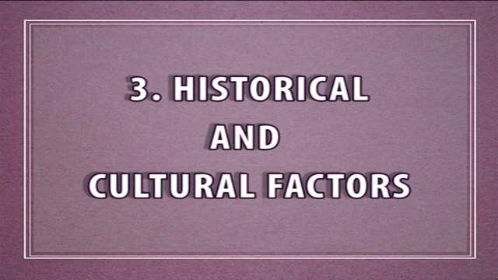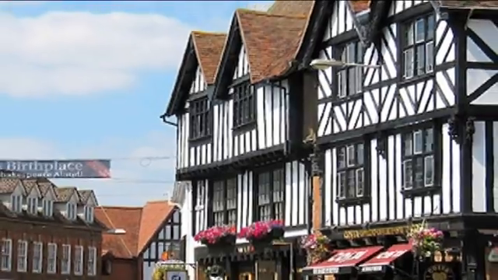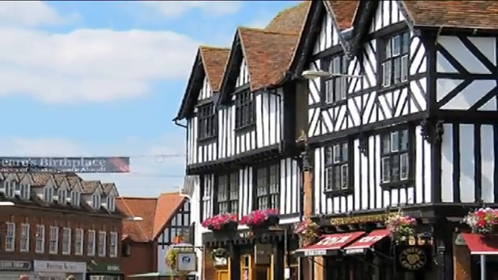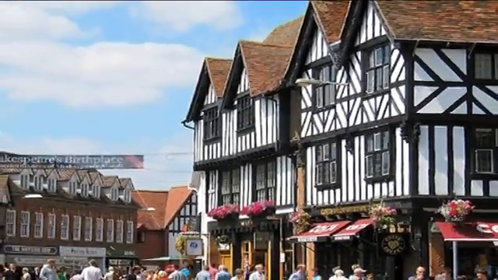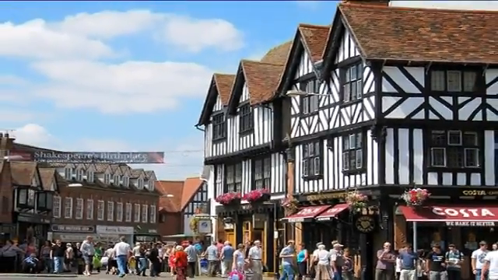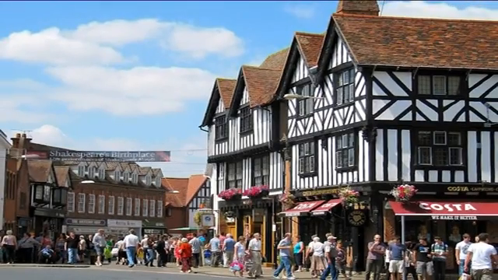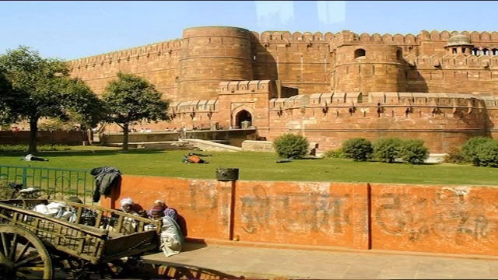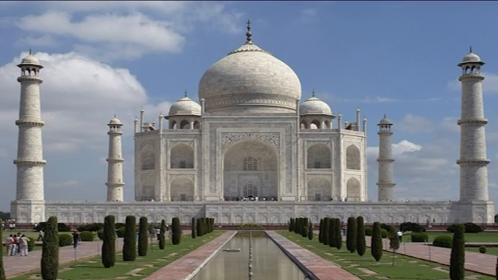Historical and cultural factors. Historical and cultural interest exercise tremendous influence over travelers. Large numbers of tourists are attracted every year by the great drawing power of Stratford-upon-Avon in England because of its association with Shakespeare, or the city of Agra in India because of its historical and cultural importance.